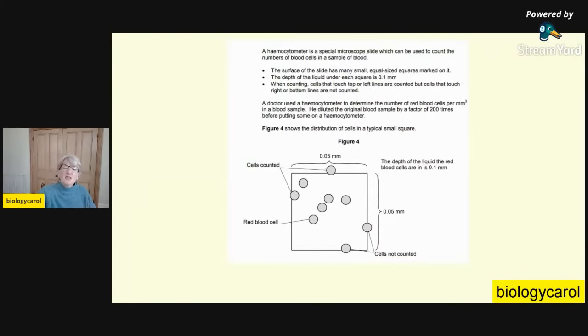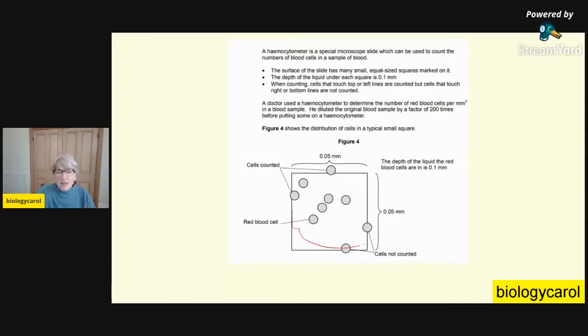Hemocytometer. Special microscope slide. It's a 3D microscope slide. It holds a very small volume of blood. The depth of this cuboid is thin enough, obviously, to allow light to pass through it so that scientists can count the number of red blood cells.